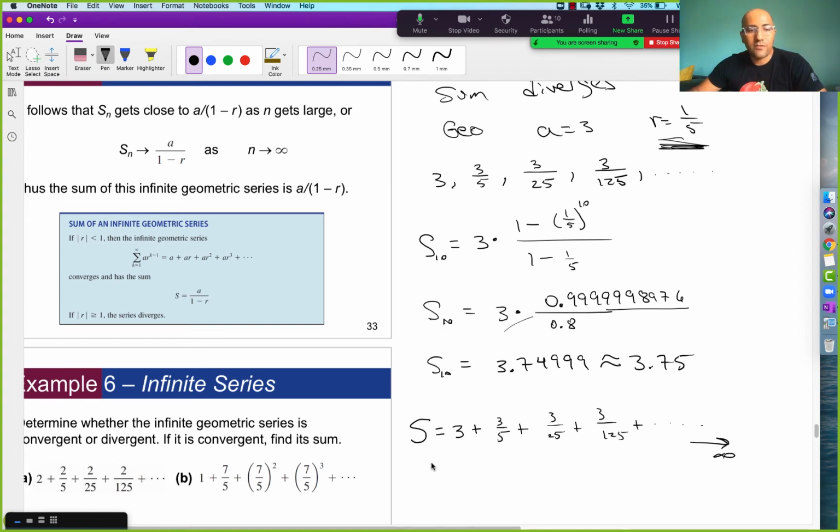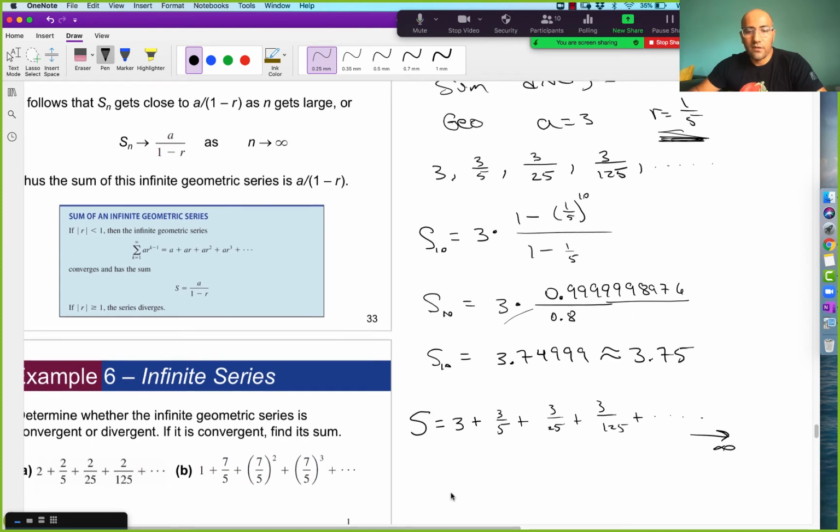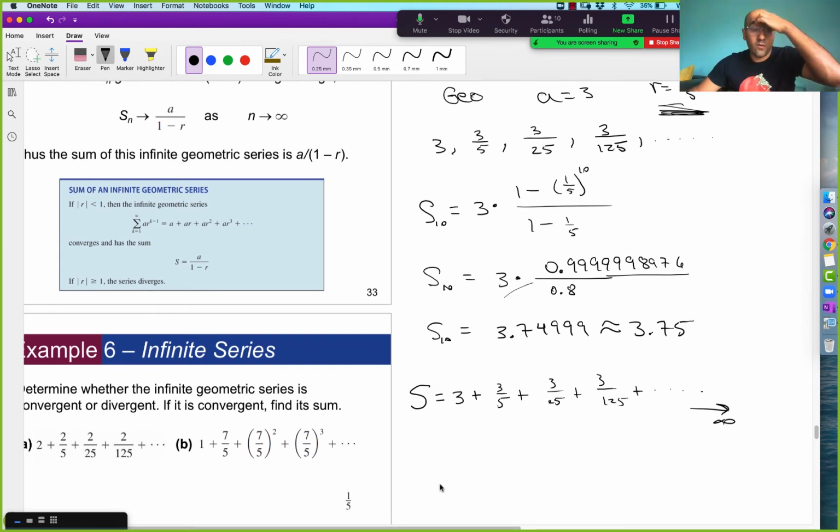Good? And that's when we use this formula. This is the formula for the infinite sum of a geometric sequence. And this formula only works as long as r is a value between 0 and 1, like it is in our case right here.